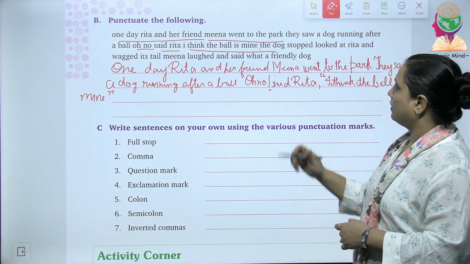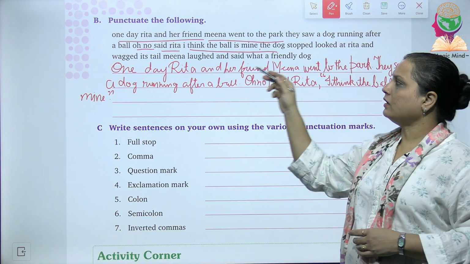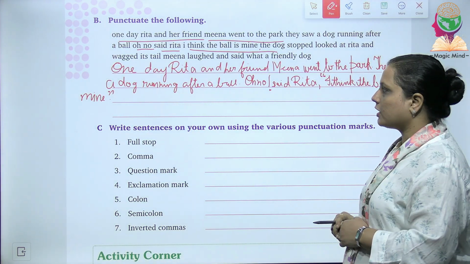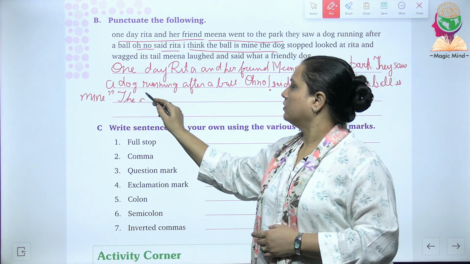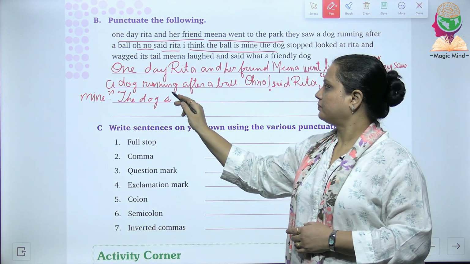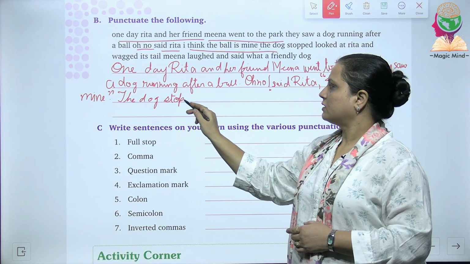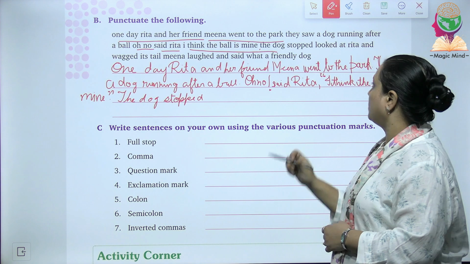Then, "The dog stopped, looked at Rita and wagged its tail." So we will write the dog stopped. Since the sentence is in continuity, what will we put over here?